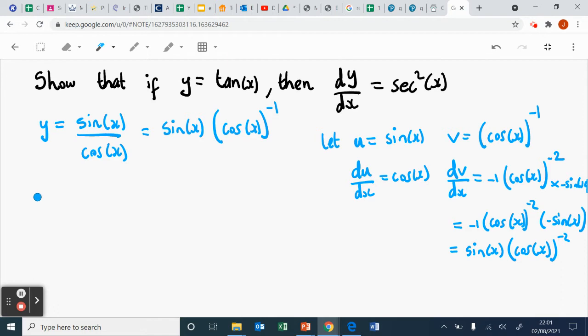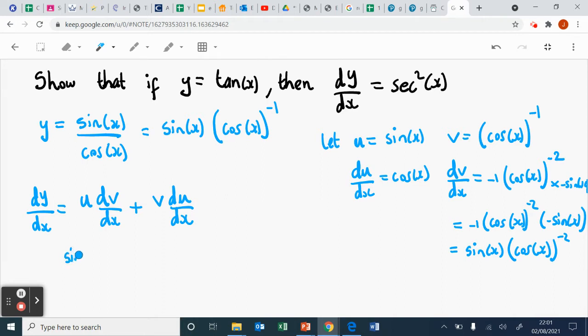Now, dy dx is equal to u times dv dx plus v times du dx. Okay, so we've got u, which is equal to sine x.